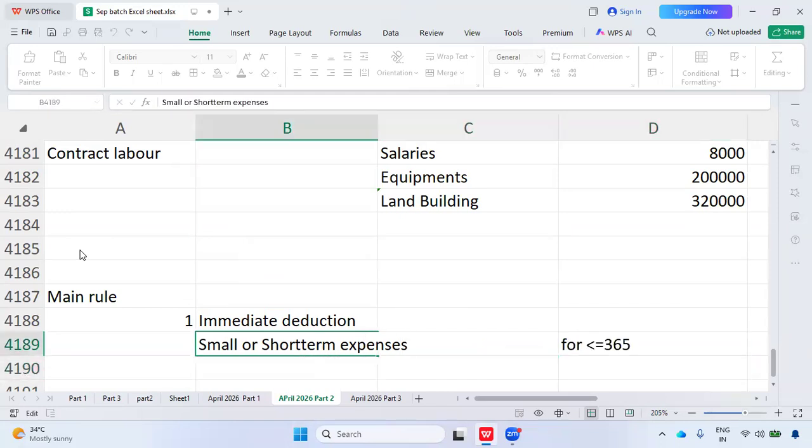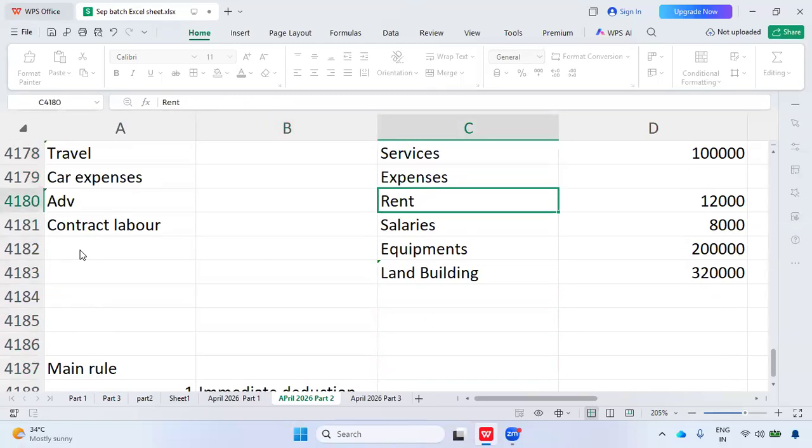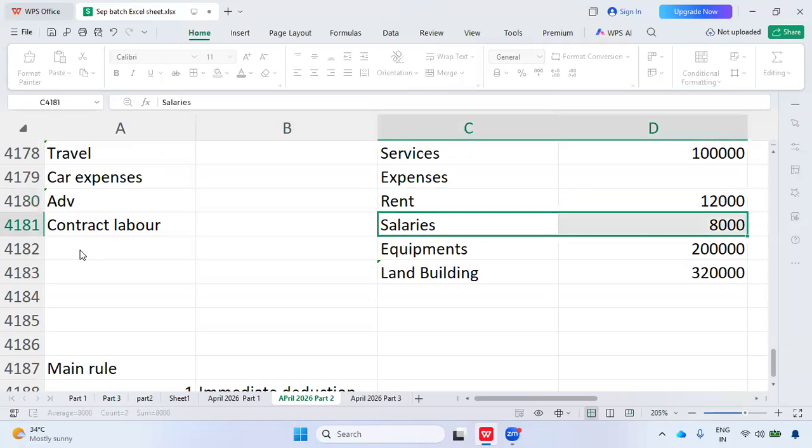Now this rent is a small expense or short term expense, guys. Rent we usually pay for 1 year only, within the same year, so we can claim it as an expense. Salary is not small, but it is for less than or equal to 1 year, so we can claim it immediately.